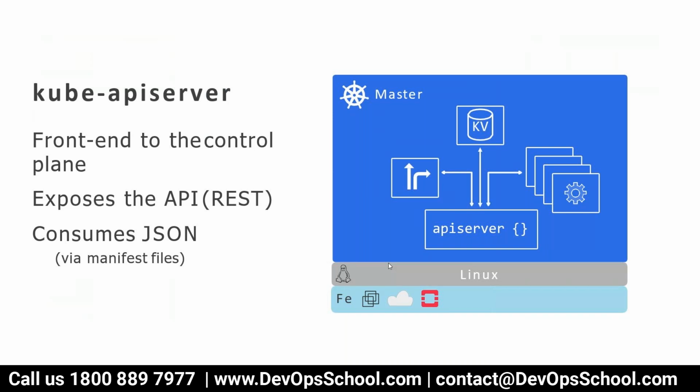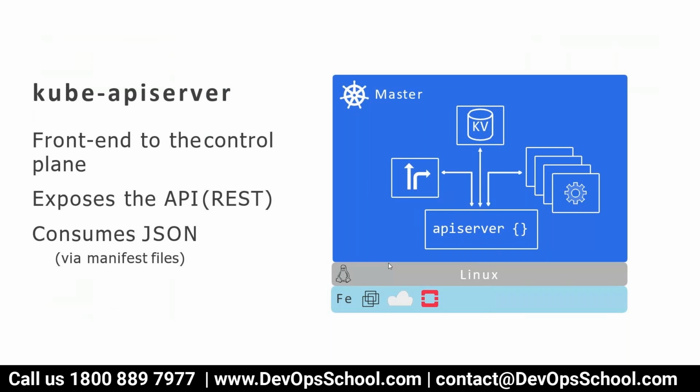Basically you send a request in YAML or JSON, but the API always consumes JSON, so some conversion tools automatically do that. You don't have to worry about it. Anyone who wants to send a request from outside will make a request to the API server.